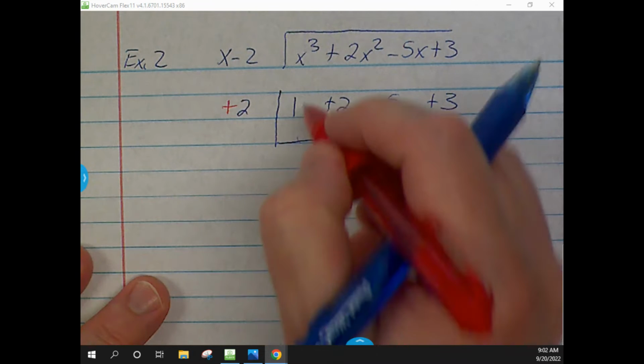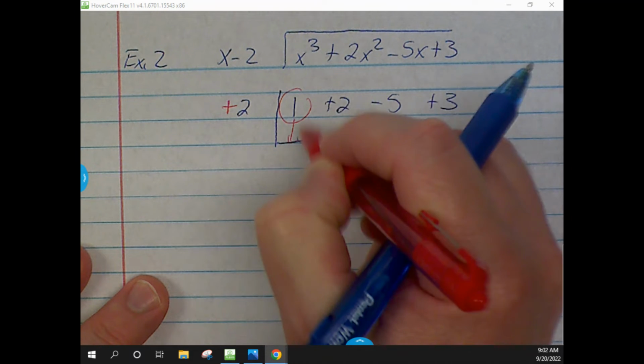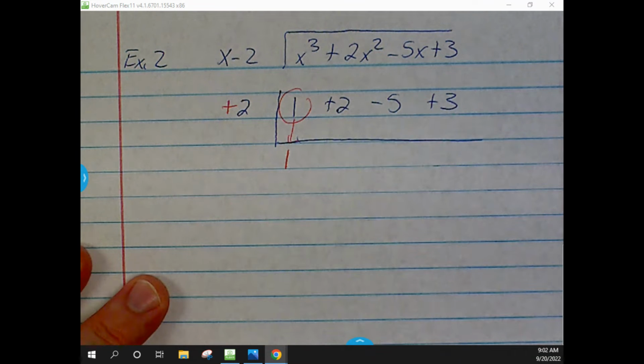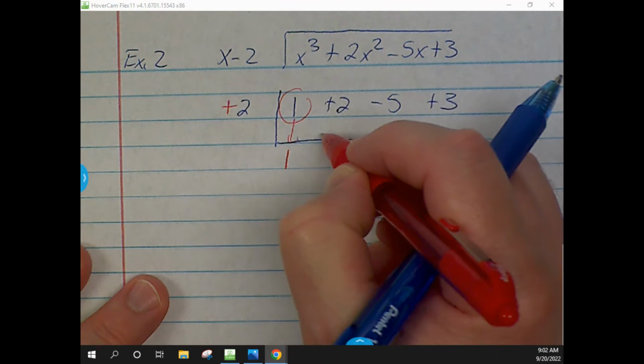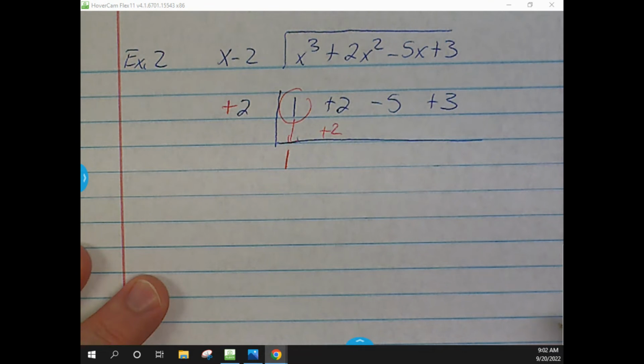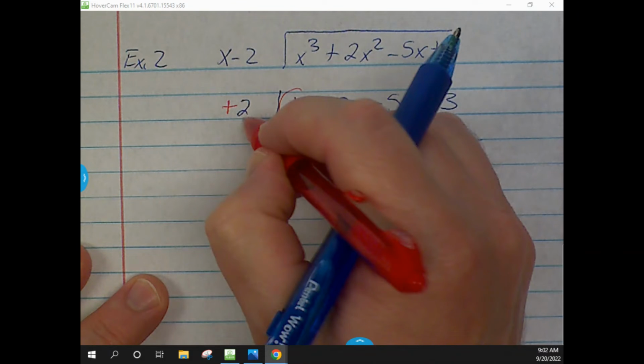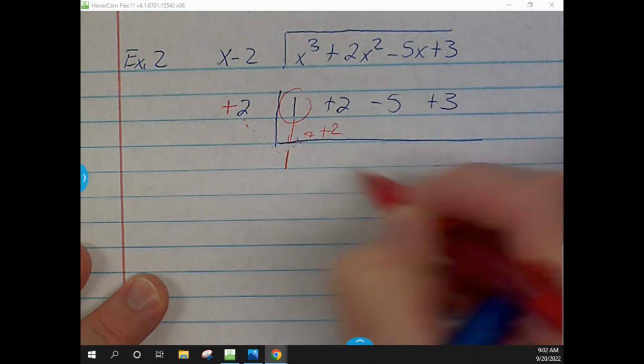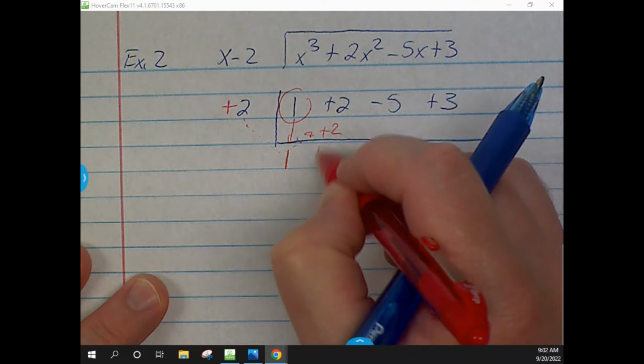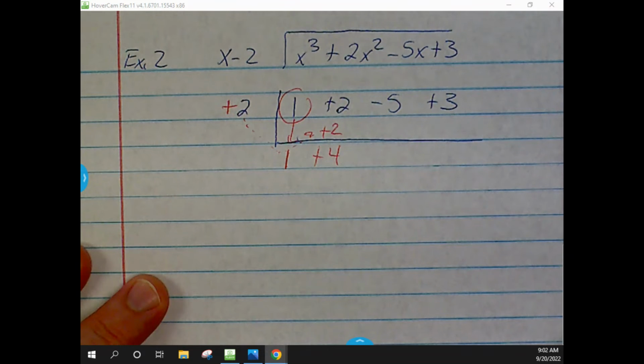Okay, and the first number is always a default answer. Whatever that number is, we're going to put that same number there, and that kicks everything off. So now it's 2 times 1, which is 2. And then just do what it says. 2 plus 2 is 4. That's a positive 4.